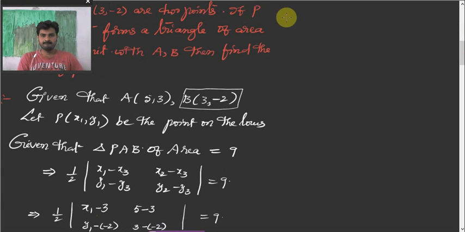So now we are simplifying here. Bring the 1 by 2 from the left side to the right side. Here 1 by 2 is multiplied on the left-hand side, you can bring it to the right-hand side as a product.